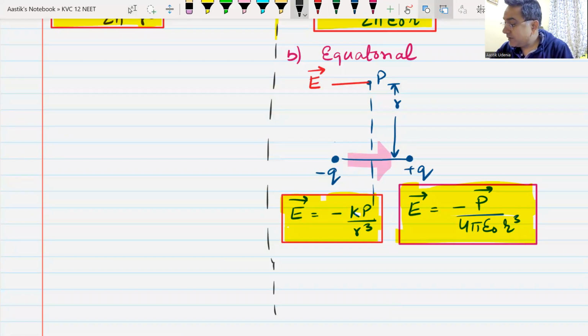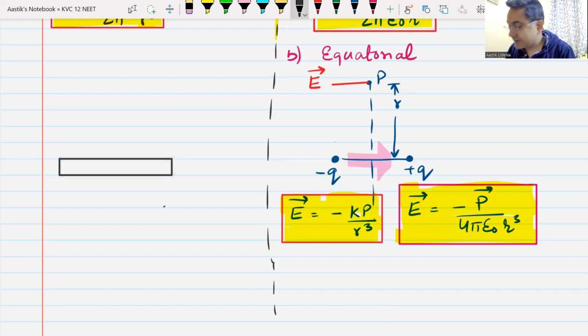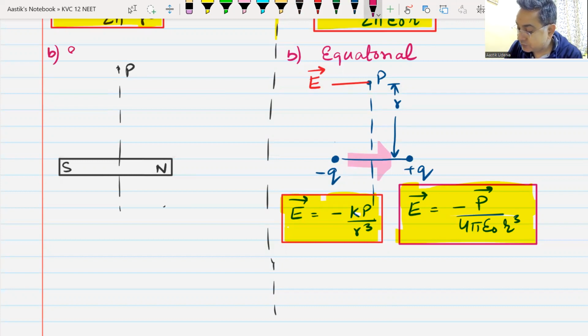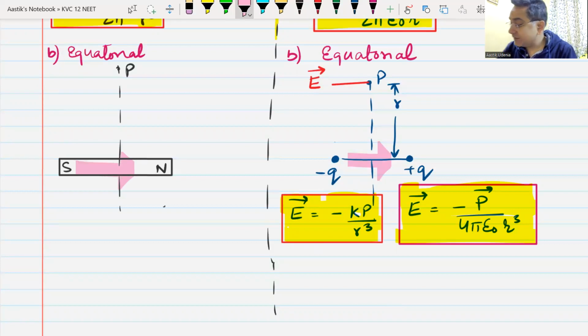If I talk about the bar magnet, and I make the bar magnet like this: south, north, point P, equatorial point. You can also see the magnetic moment is like this, but the magnetic field will be like this.